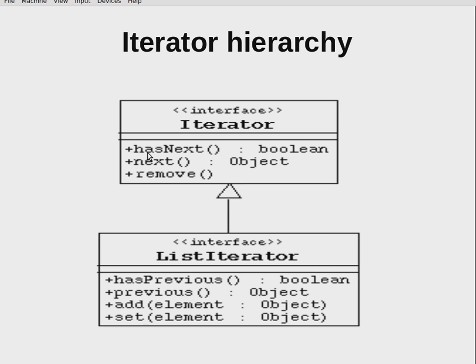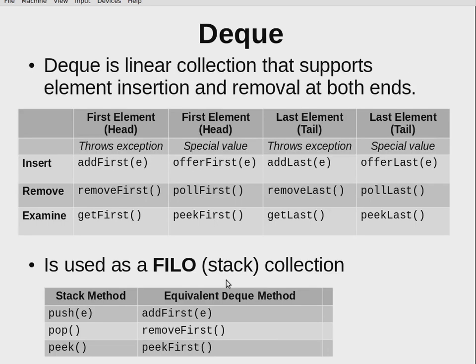It can check whether it has a next element, go to the next element, and remove the current element. But if it's sortable, there is also a method has previous, go to previous, add an element at the current position, or replace an element at the current position, like set.